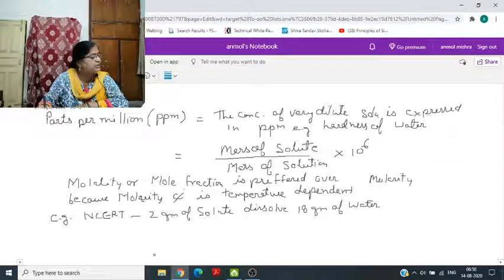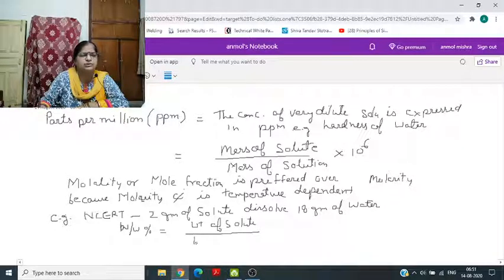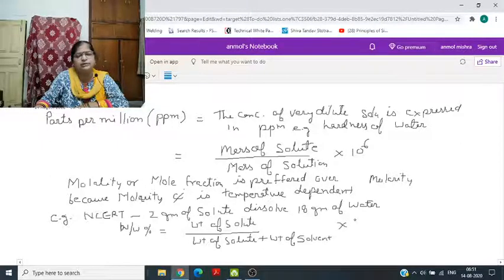So the mass percent of solute, that is W by W percent, will be weight of solute upon weight of solute plus weight of solvent into 100.